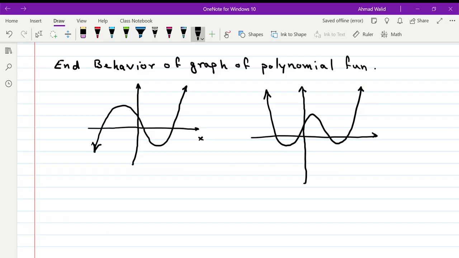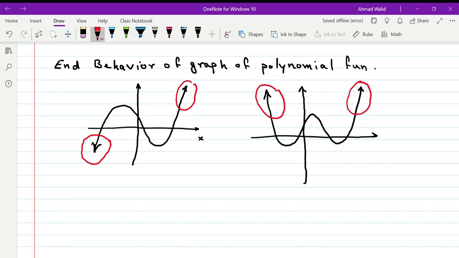You can see clearly that the graph of a polynomial function has an end behavior. What is the end behavior? What the graph does on the far left side and what the graph does on the far right side. Here, left side of the graph, right side of the graph. We call those the end behavior of a graph.